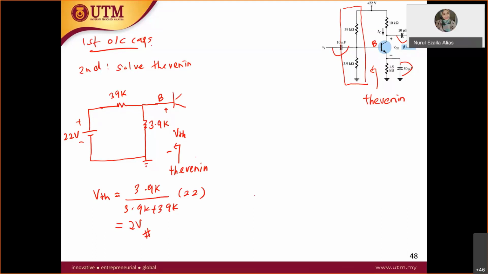Now R Thevenin, equals to what? R Thevenin is 3.9K parallel with R2, 39K. 3.9K parallel with 39K equals 3.55K.